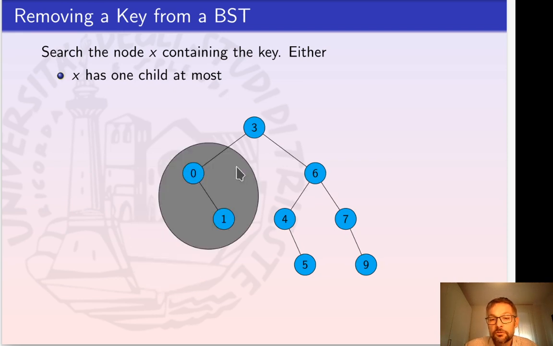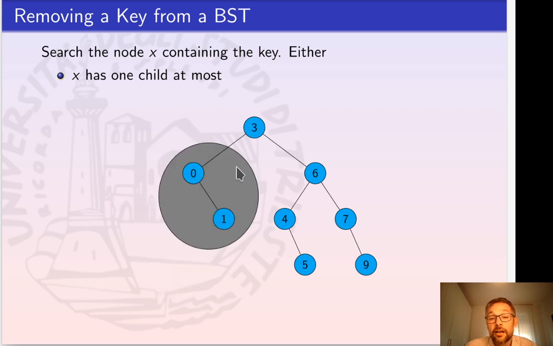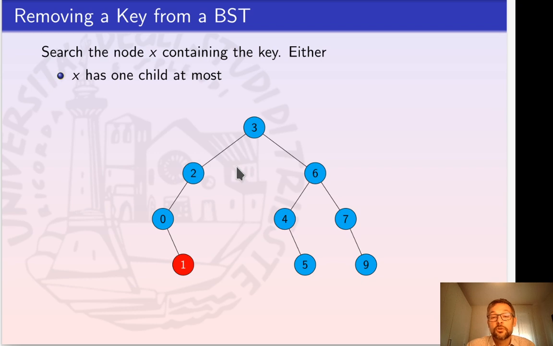Let's assume we want to, and this is a possible scenario, what about if you want to remove, instead of 2, the value 1? Well, in this case apparently we don't have any child, but again, since we are representing the leaf of the BST as nil, to remove this node is quite easy.